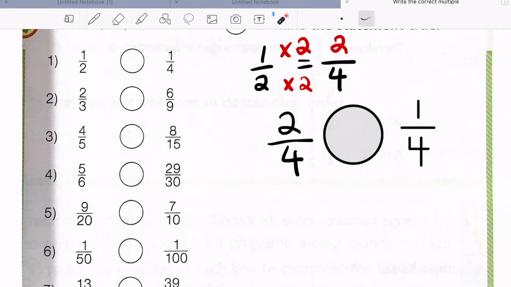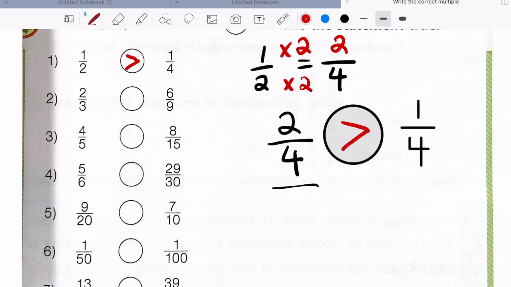So we can say that 2/4 is bigger. So we can just write it like this. 2/4 is bigger than 1/4. So that means 1/2 is bigger than 1/4.